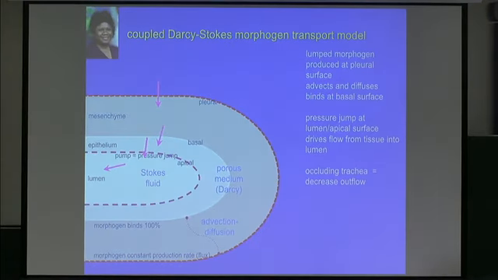In this case, we're not so much pressurizing the lumen and looking for stretches, but we're closing off the flow and asking how that would alter the transport of substances being produced at this outer surface, which normally would diffuse and advect and bind to this surface, causing cell division.